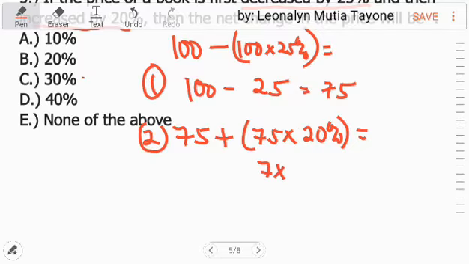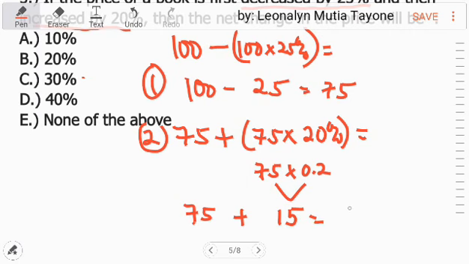So, 75 times 0.2. Delete muna natin ito. Klaruhin natin ang pagsulat. This is 75 times 0.2. And that is 15. So, i-add mo yan sa 75. 75 plus 15 equals 90.